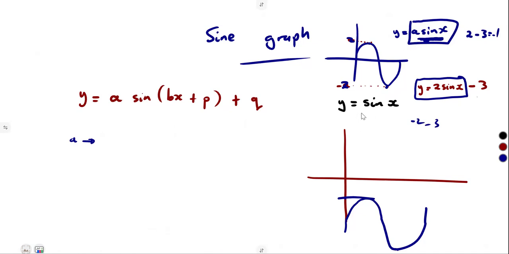The A will be for the maximum and minimum. It represents the amplitude, which is the maximum minus the minimum value, then you divide by 2. In that case, you won't go wrong.